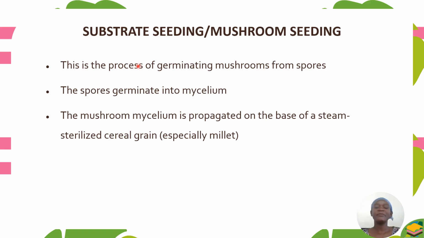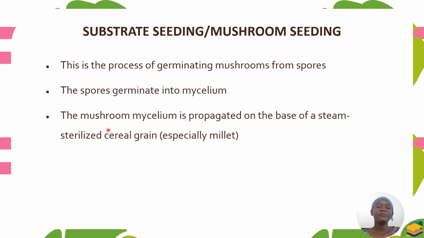Once they have germinated, they'll form what we call a hypha. Once 2 hypha have joined, they will come into what we call mycelium. So from spores, the other life cycle stage is mycelium.